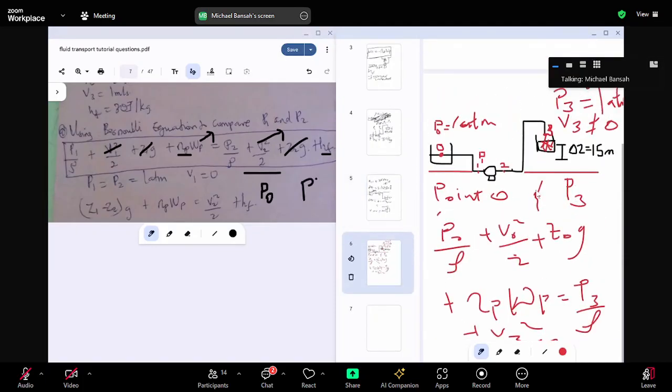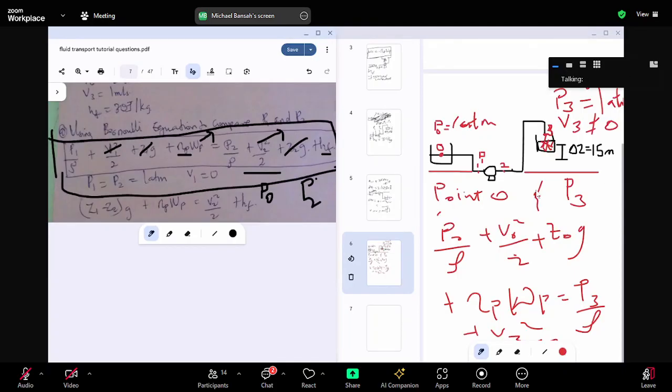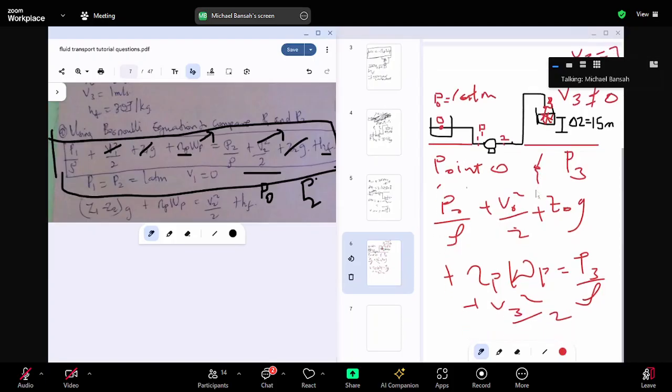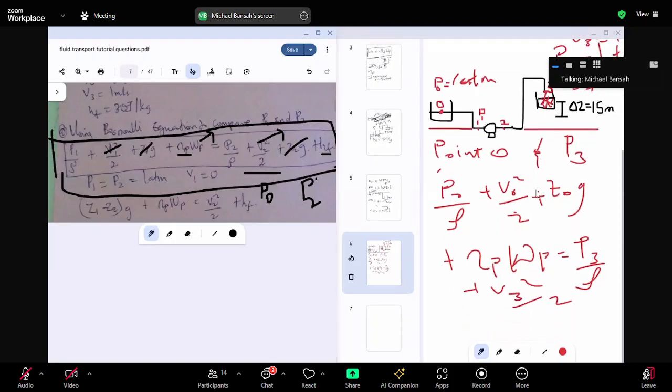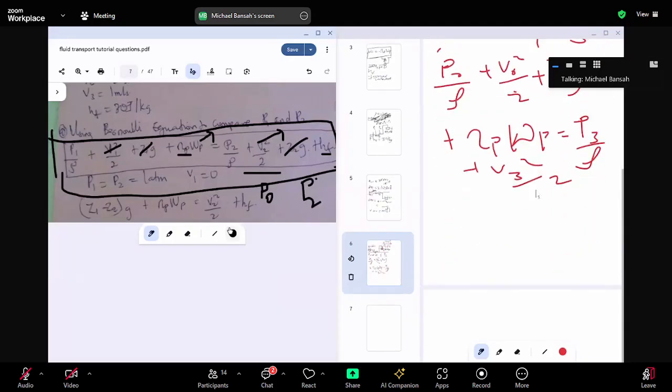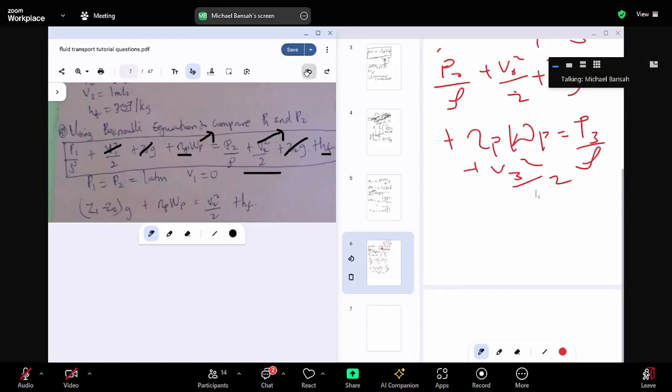We've done Bernoulli for that. That is what we've represented here. So currently what you are doing is the same point 0 and point 3. So for the point 0 and point 3, I'll use the same analogy here. This same equation. I can't rewrite the equation, so I'll use the same equation to show.